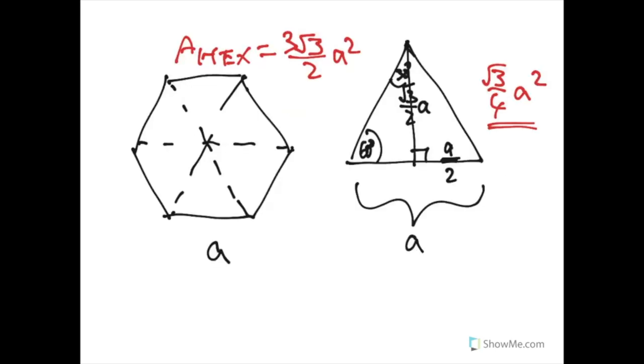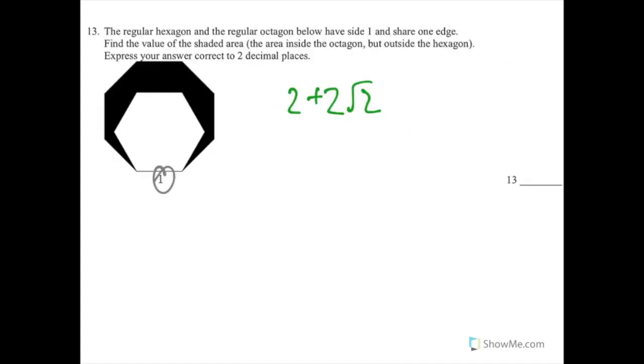And we subtract off the area of the hexagon, which is 3 root 3 over 2. And in the co-op phase of the contest, we are allowed calculators. So by punching this into a calculator, we get that our final answer is just around 2.23. So the final answer is 2.23.